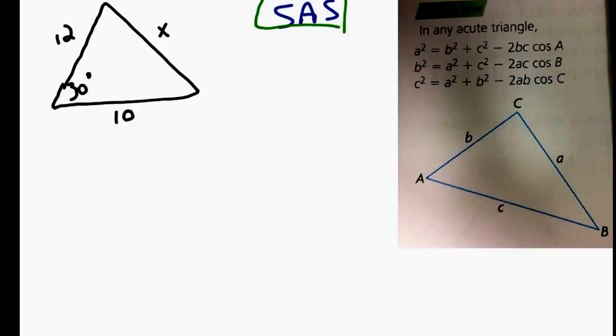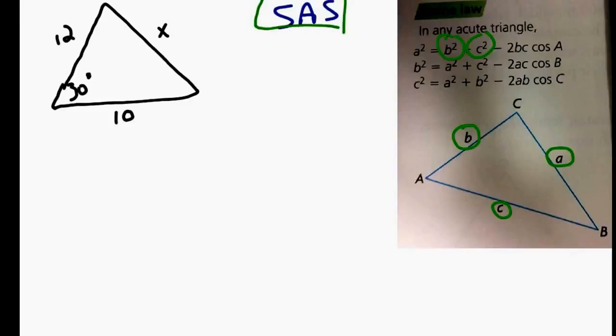Depending on which side we're looking for, if we're looking for side A, then the formula is b squared, so we take side b, square it, plus c squared, side c, square it, then we subtract 2 times b times c times the cosine of angle A. In that scenario it'll work, because we're looking for side A, and we have angle A, side B, and side C given to us.